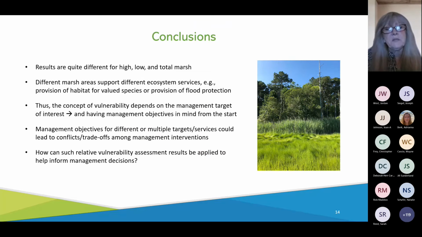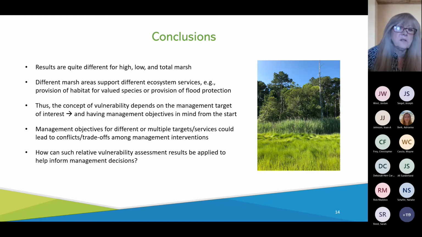So clearly we were able to see that there were sometimes very big differences between high, low, and total marsh. These different marsh areas support different kinds of ecosystem services. And so it's clear that the concept of vulnerability and the types of results you get really depend on what you set out as your management target.